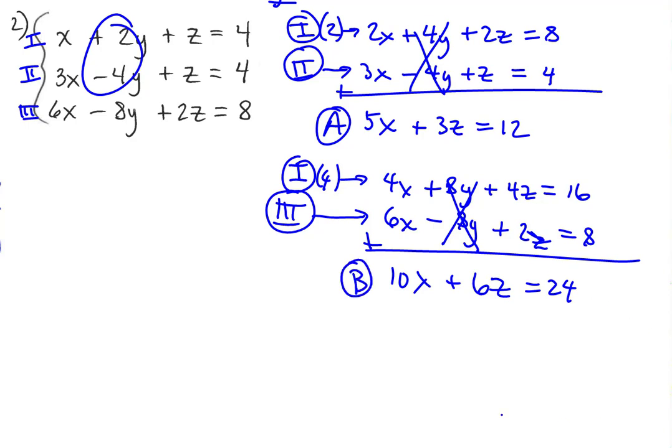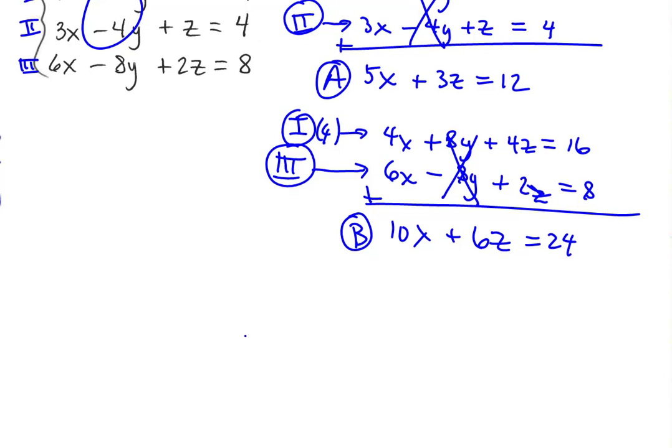The whole point now, as you know from above, is we want to eliminate the system of equations A and B. If you take a quick glance at them, you'll notice that we might do some elimination where we take equation A and multiply it by negative 2. That would give us a negative 10x, and then minus 6z equals a negative 24.